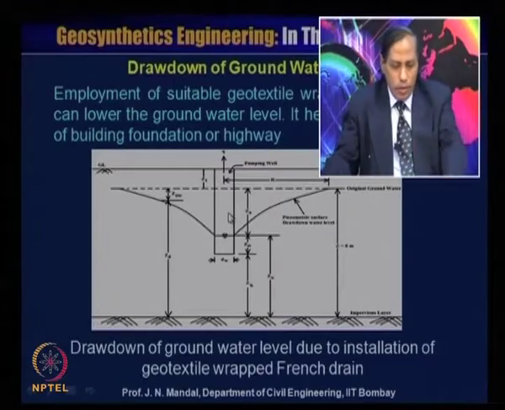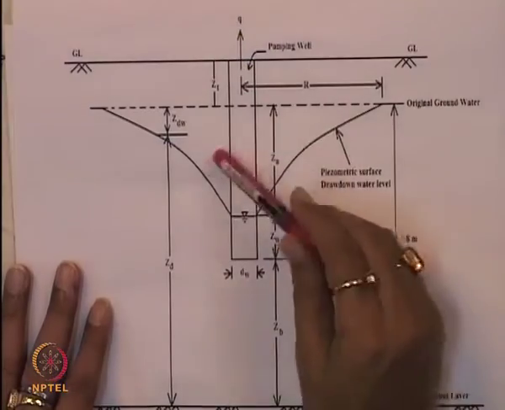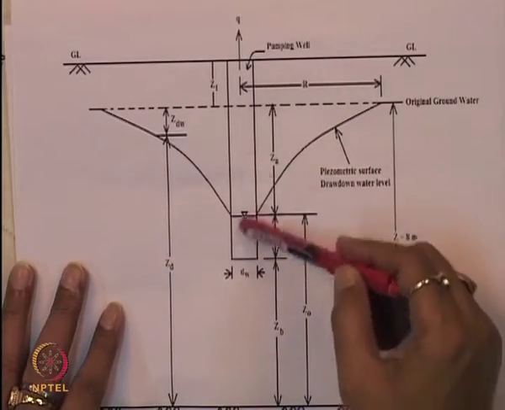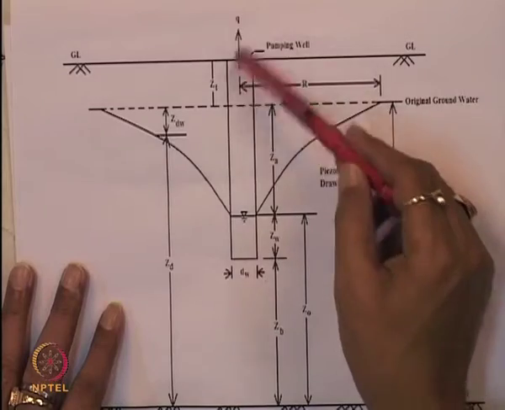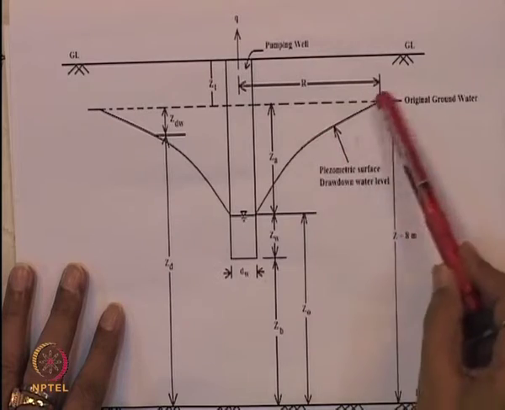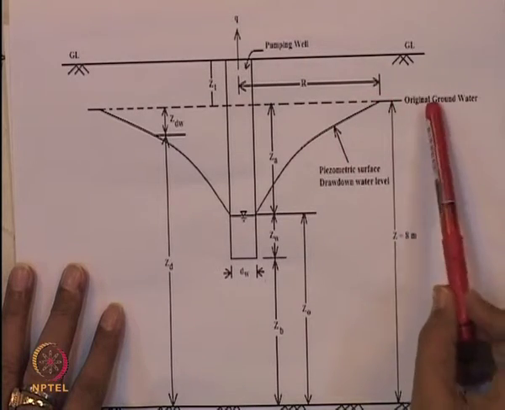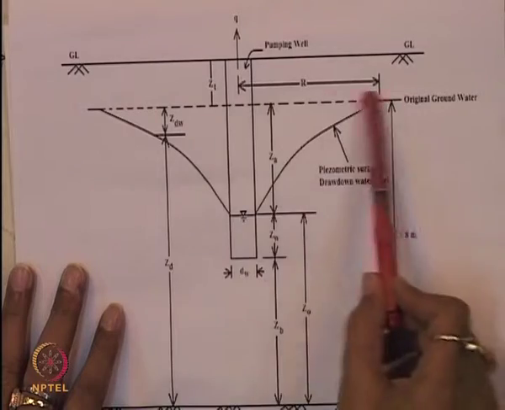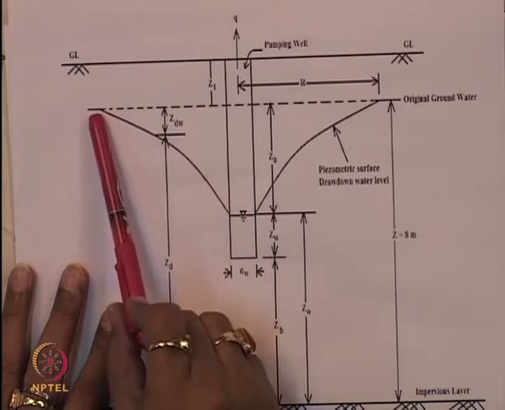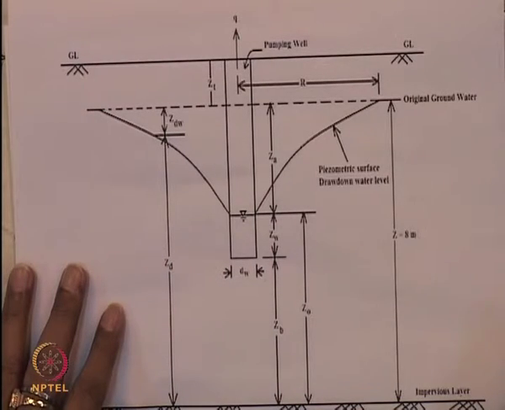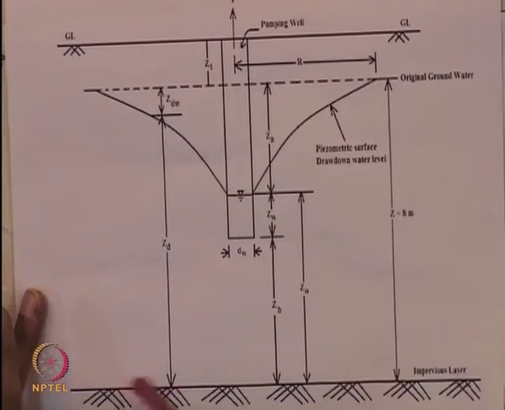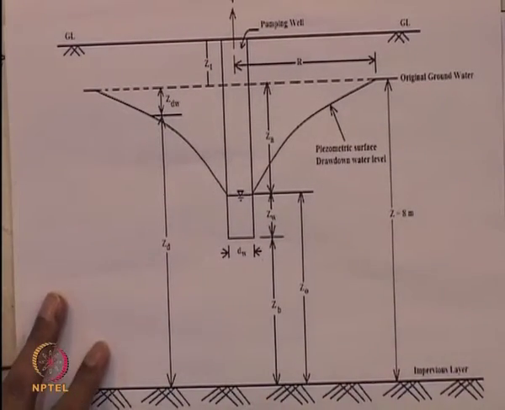Here I am just showing you, this is the ground level and this is the pumping flow, that is Q, and this is the prismatic surface drawdown water level, and this is the original ground level, and this is the prismatic surface drawdown, and this is the impervious layer here.